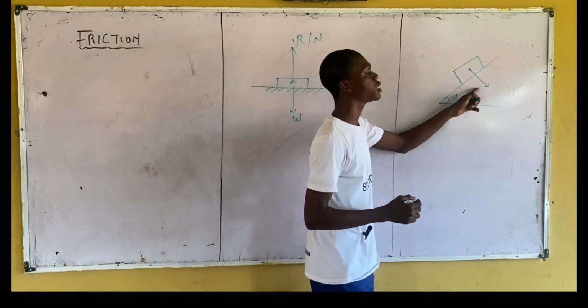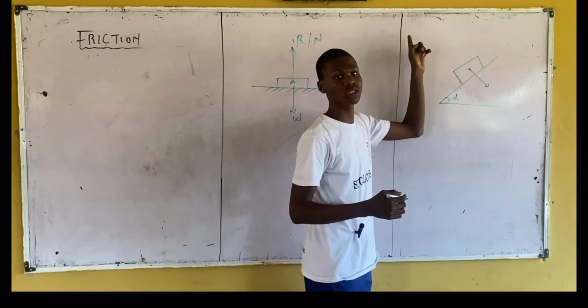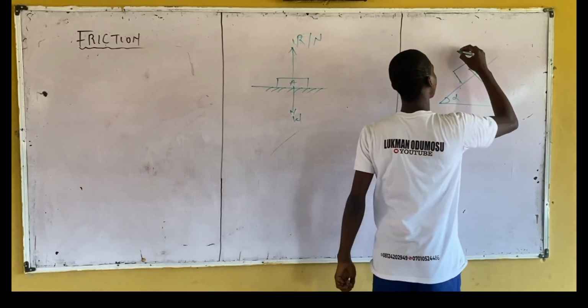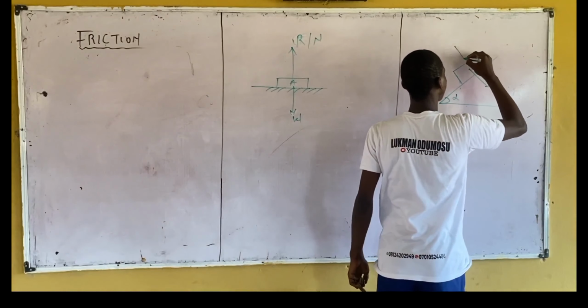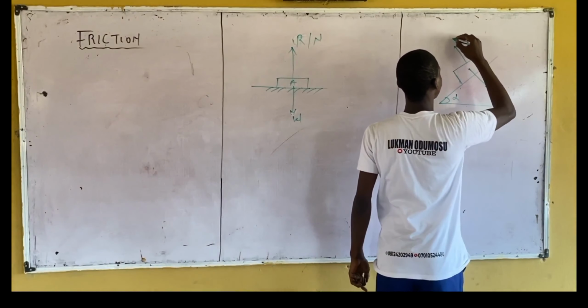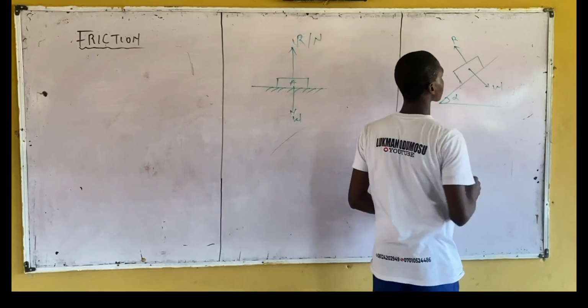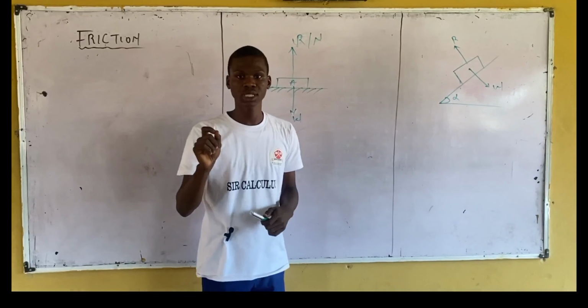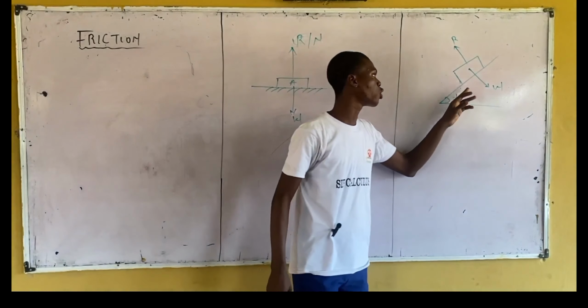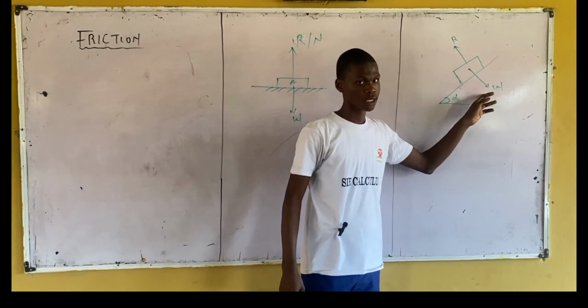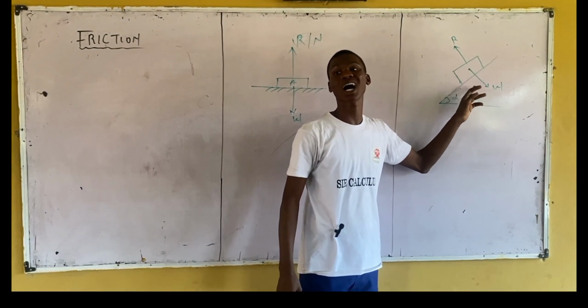The weight, then we have the opposite reaction. You have it to be like this. This is W. Right? Now, what I want you to know is that it's not possible for your weight to act in this manner.